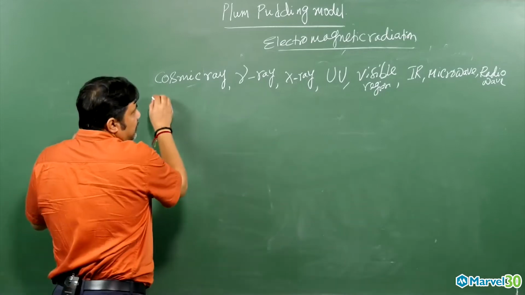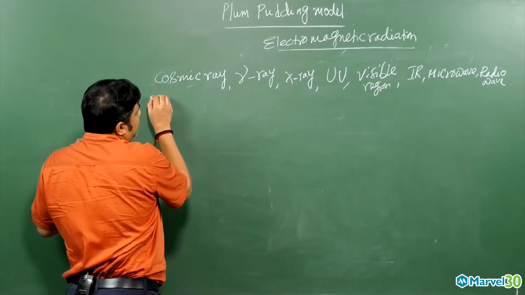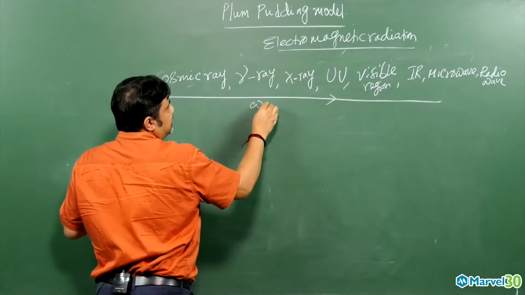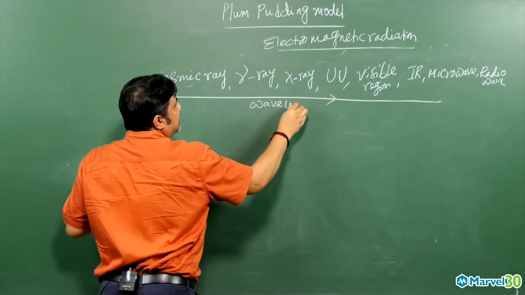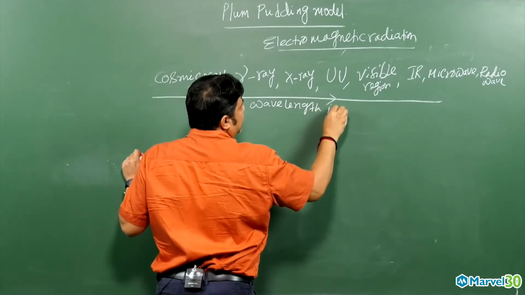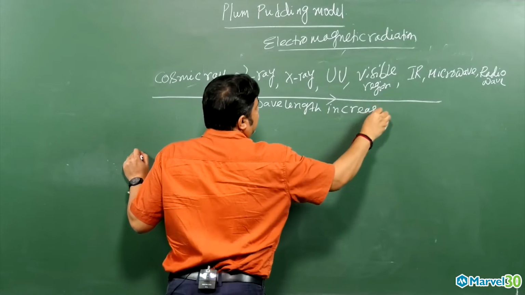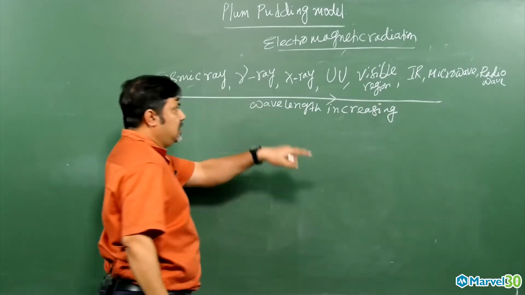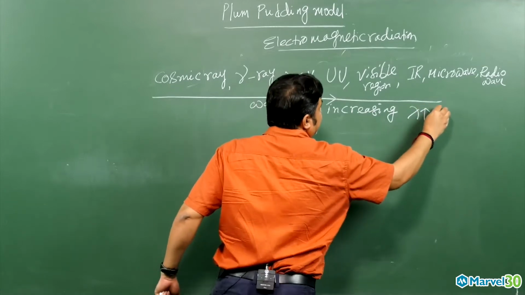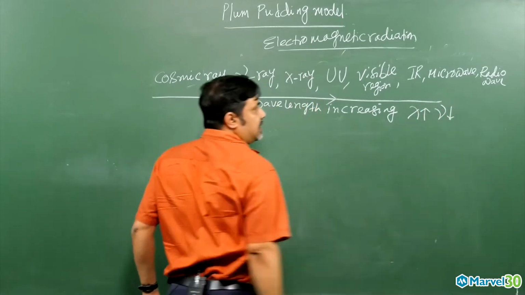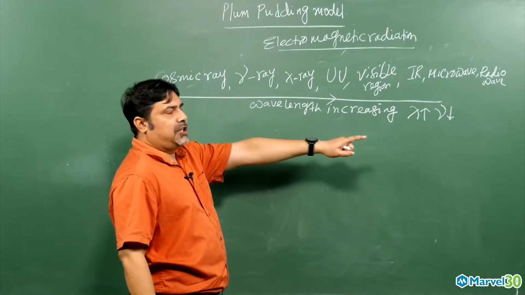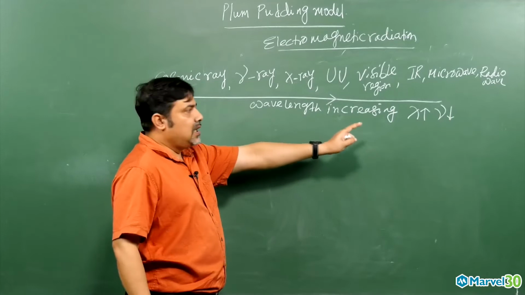From cosmic ray towards the radio wave, wavelength is increasing. When the wavelength is increasing, frequency will be decreasing. So you have to understand that from cosmic ray towards radio wave, wavelength is increasing and frequency is decreasing.